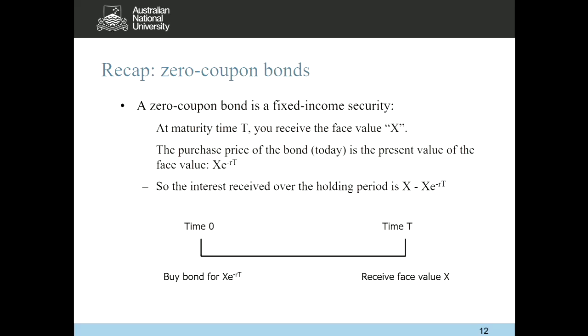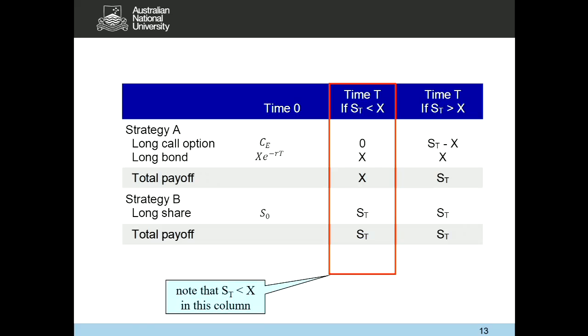By setting up those portfolios, we are able to show that at time T, there can only be two scenarios. There's a scenario when the share price finishes low, lower than the strike price, or when the share price finishes high, higher than the strike.